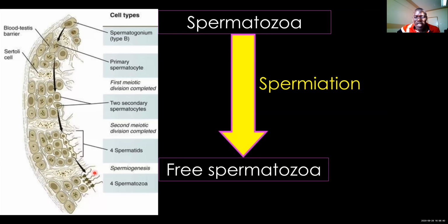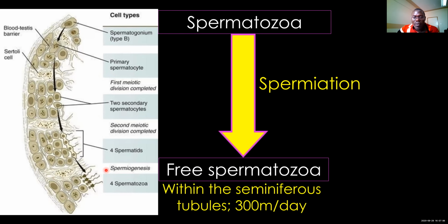It is not called ejaculation. You and I know what ejaculation is all about. It is more interesting than spermiation. So spermiation is the release of sperms from the wall of the seminiferous tubule into the lumen of the seminiferous tubule so that the sperms are free.